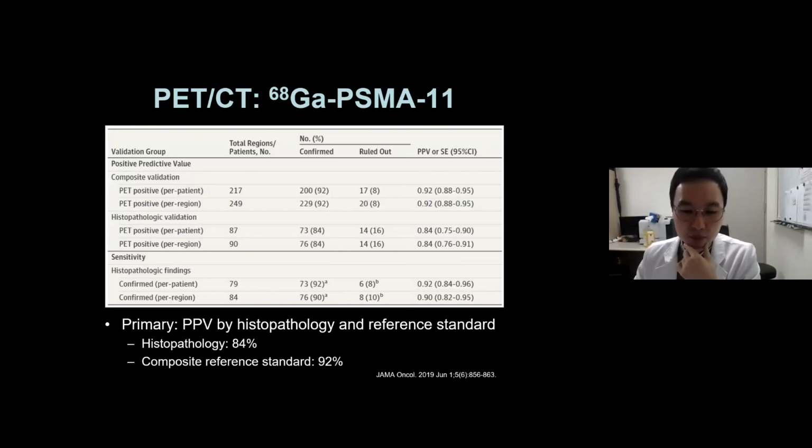And when there is a biochemical recurrence, they were enrolled, and in patients with positive PSMA PET, local recurrence or metastasis were confirmed in 91% of cases. And this trial so insisted that gallium-68 PSMA 11 can detect sites of disease in patients with this biochemical recurrence.